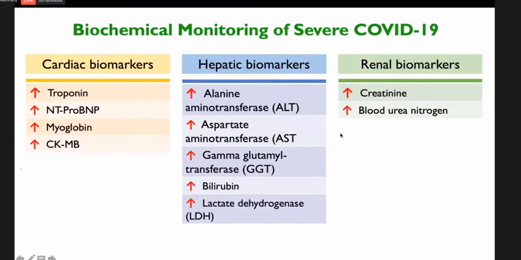Previous data from the SARS epidemic in 2002 reported that over 6% of patients developed acute renal impairment, and the mortality of SARS patients with acute kidney injury was more than 90%. Surprisingly, the current data show that the prevalence of acute kidney injury in COVID-19 is comparatively low, as indicated by the elevated levels of creatinine and blood urea nitrogen in the blood samples of COVID-19 patients.